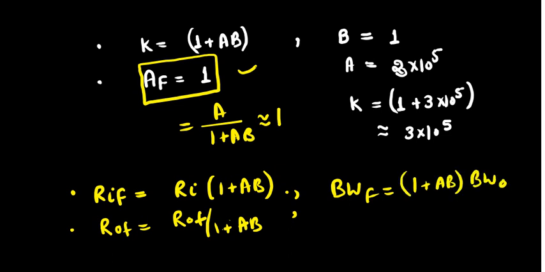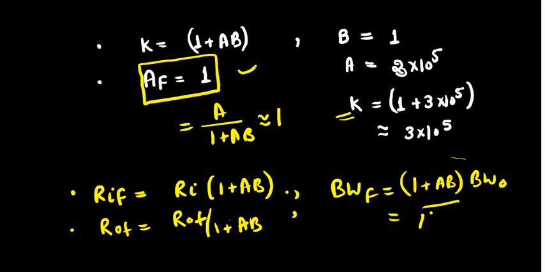So only this K value is almost 3 into 10 to the power 5, which is almost equal to A. So bandwidth would increase by a factor of A.